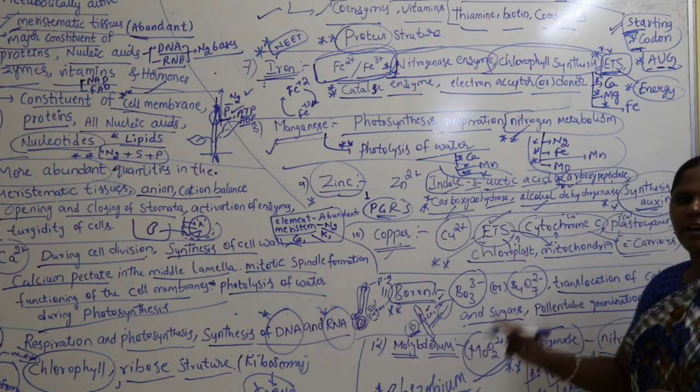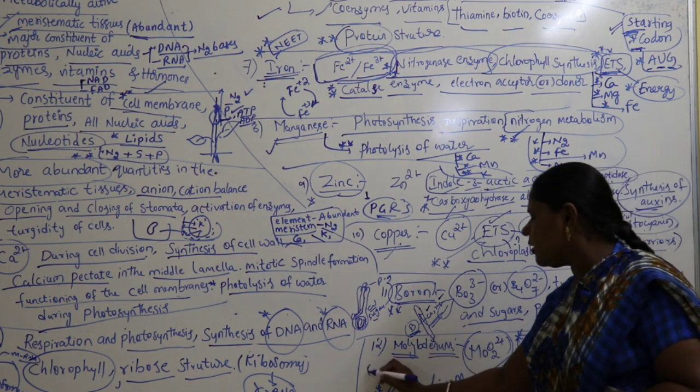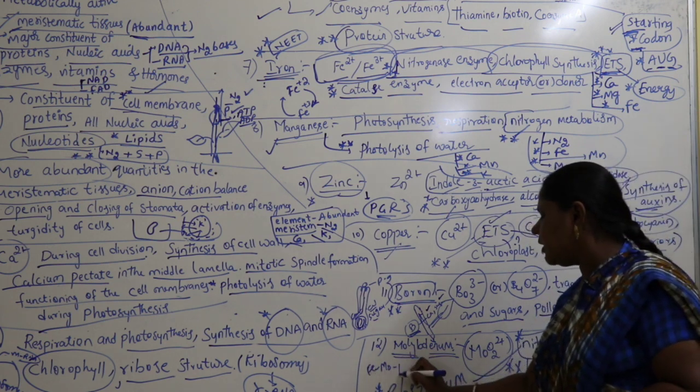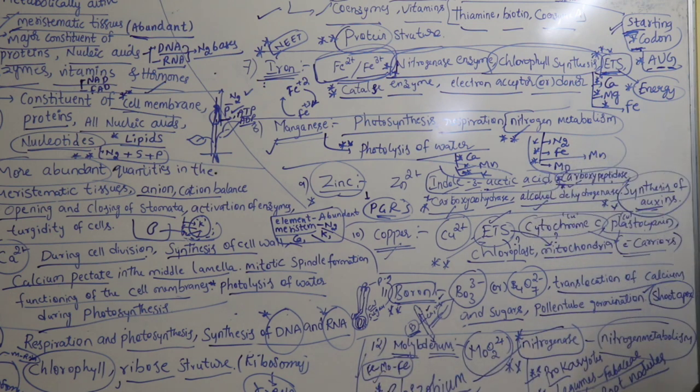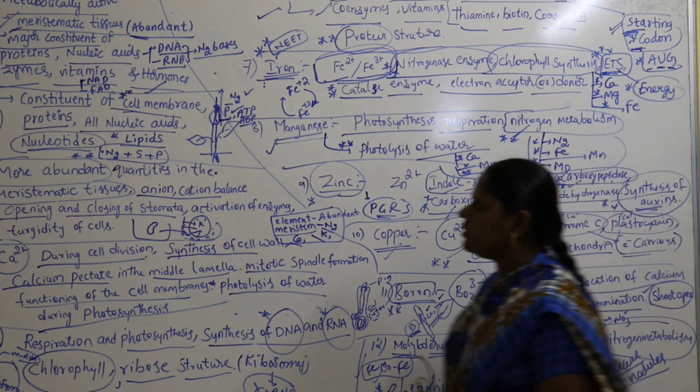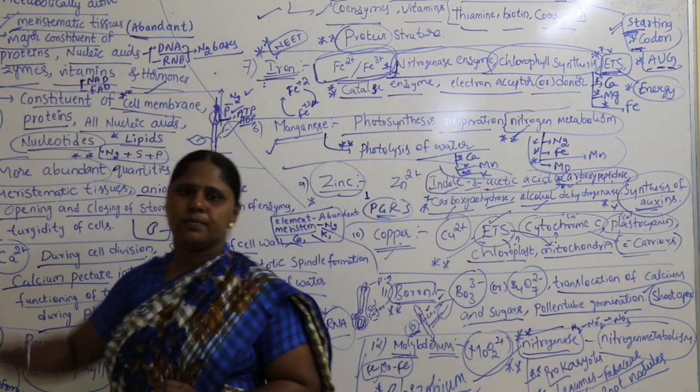The nitrogenase is made up of what? Nitrogenase is made up of iron and molybdenum. So iron is also important, and molybdenum is also important as an activator for a very important enzyme called nitrogenase, an enzyme which converts atmospheric nitrogen into nitrites or nitrates. Like this, you have to take each element.